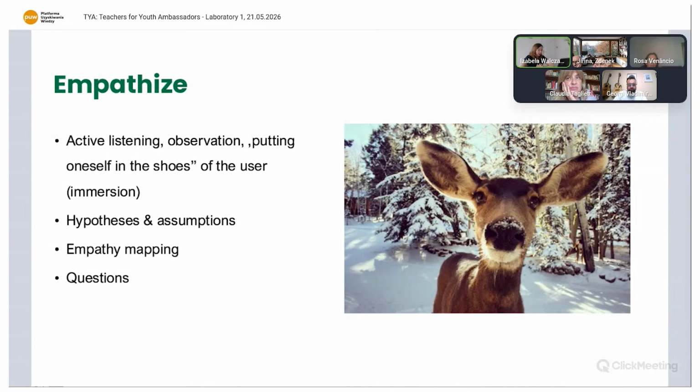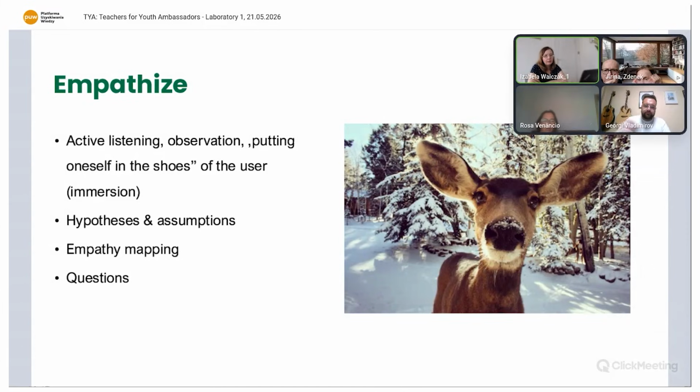When we ask questions, or observe, or immerse ourselves in the world of the user, sometimes it's good to be aware of the assumptions, and sometimes it's good to make hypotheses. So for example, if I were to improve a process or a product, for example public transport in my hometown, I could make some assumptions about what people dislike or what people would welcome, based on my own experience.